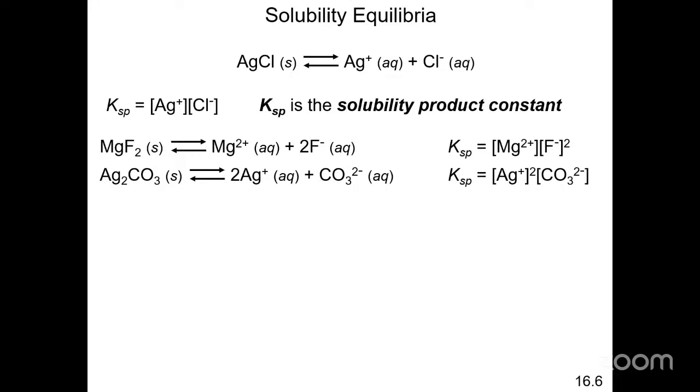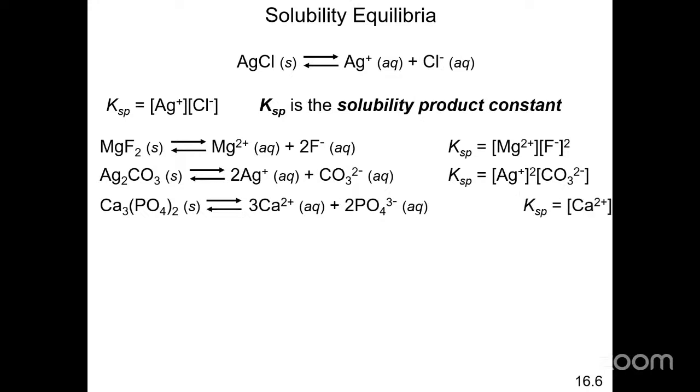The Ksp expression depends on the type of dissociation the particular compound undergoes. Here's a third example, calcium phosphate, and its Ksp expression. It's very similar to the other cases: we're only concerned with the ions that are formed, and you raise the concentration of those ions to their coefficients in the Ksp expression.